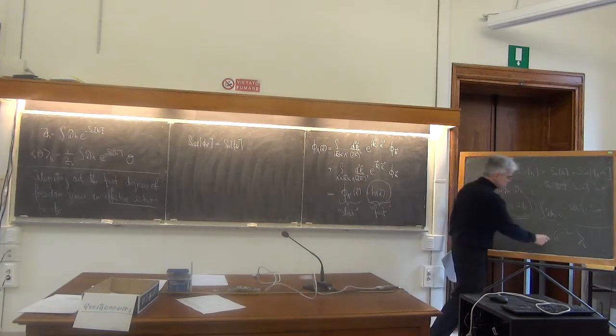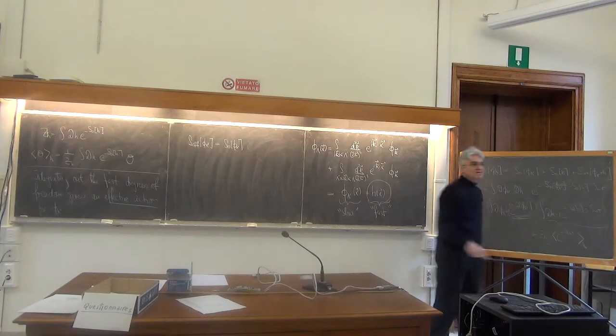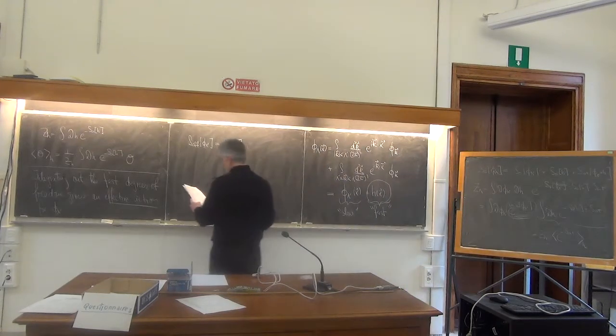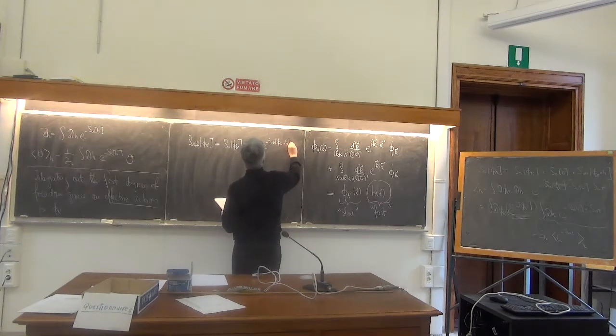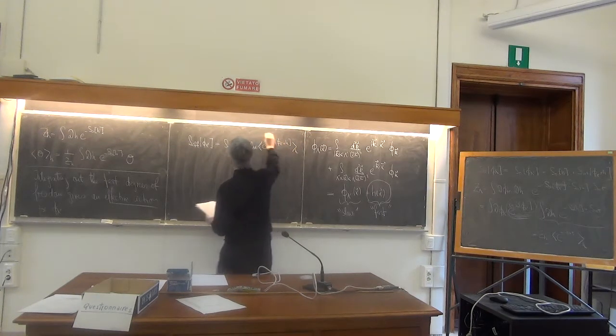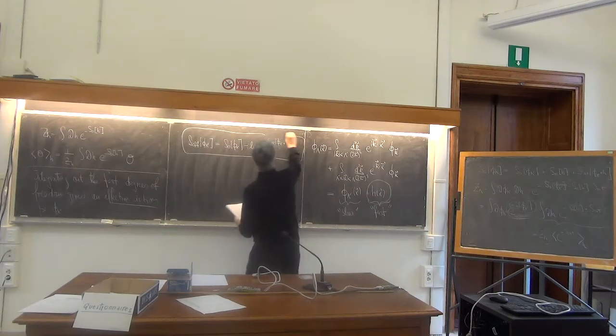Here I get this average, and in order to look at how it changes the action, I have to exponentiate it. So what I get here, in effect, is minus log of the average over the fast modes of e to the minus S int of phi lambda prime plus H.